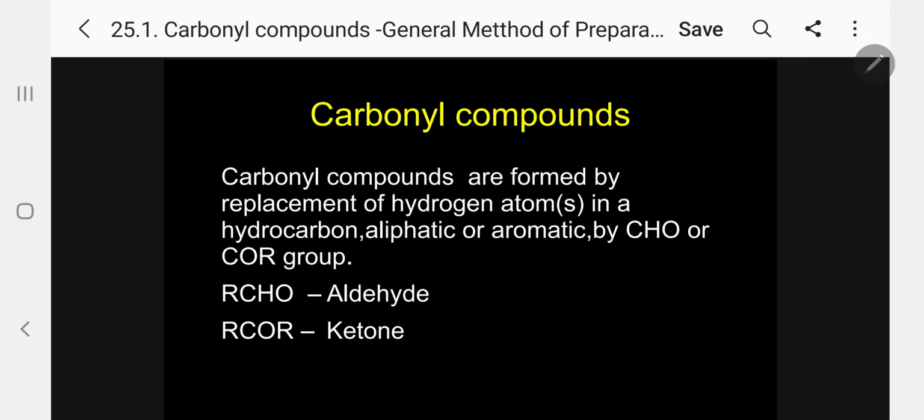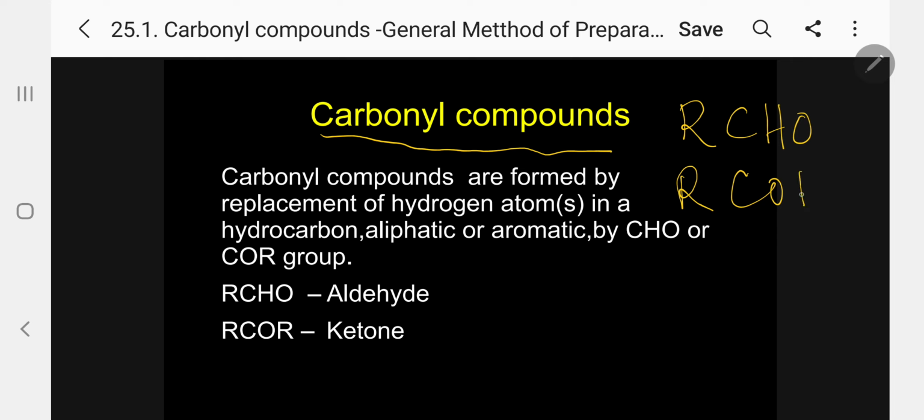So let me concentrate first on carbonyl compounds, that means only aldehydes and ketones. Please follow. General formula: aldehyde RCHO, ketone RCOR.